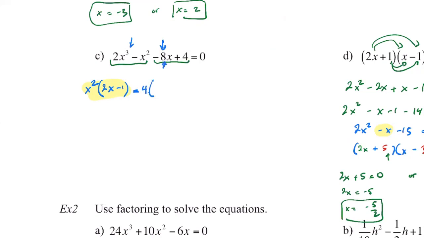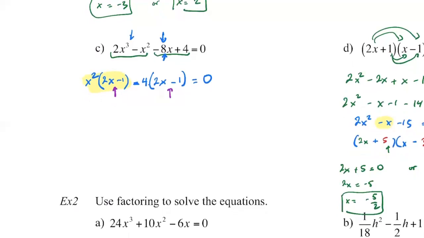Negative 4 times 2x. And negative 4 times what gives me 4? Negative 4 times negative 1. Now, if we do this step correctly, we should recognize the next common factor to factor out. As you can see, both terms have 2x minus 1 in common. Now we can factor 2x minus 1 out as a GCF.